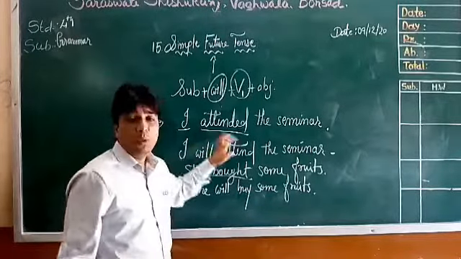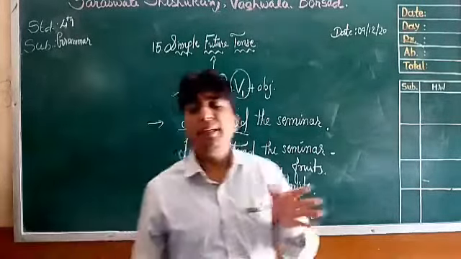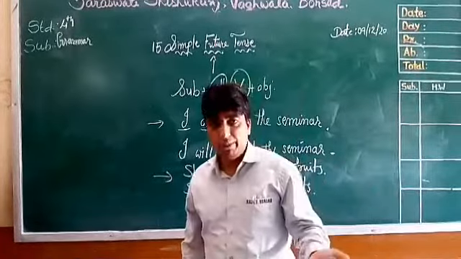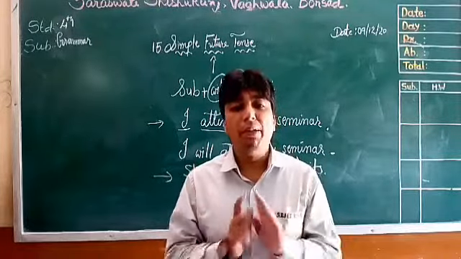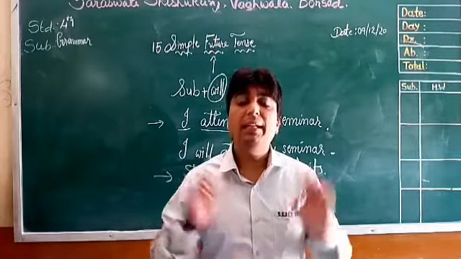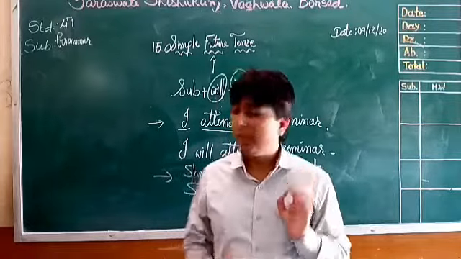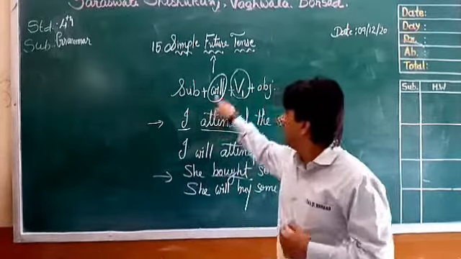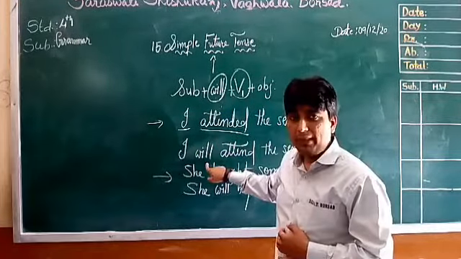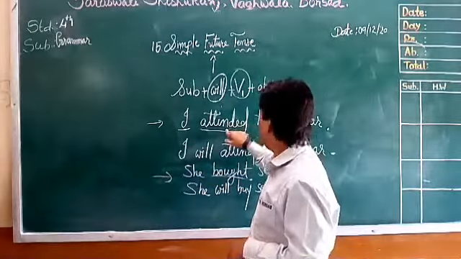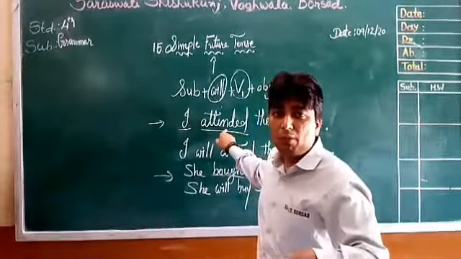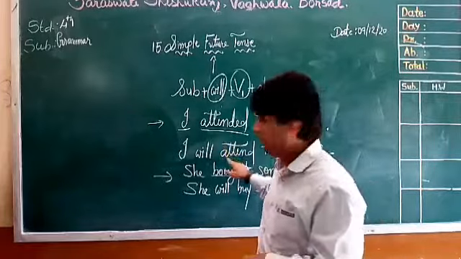So whichever the tense, whichever form the verb has been given in, you need to just write the main form of the verb. That's it. Nothing else that you have to think. First the subject, will, that is called a helping verb, and then attended. Attended becomes the main form, attend.